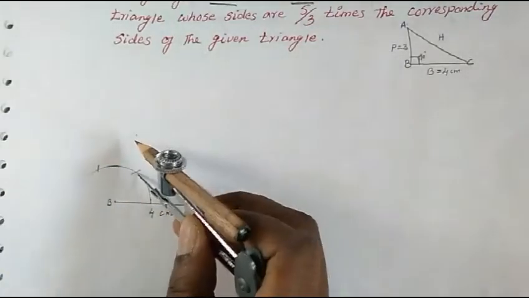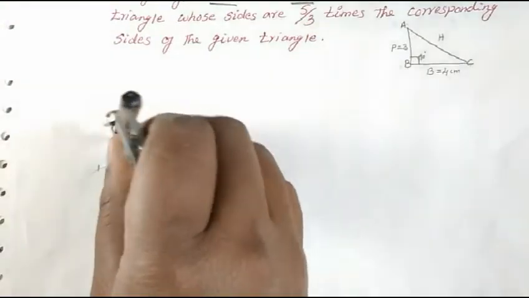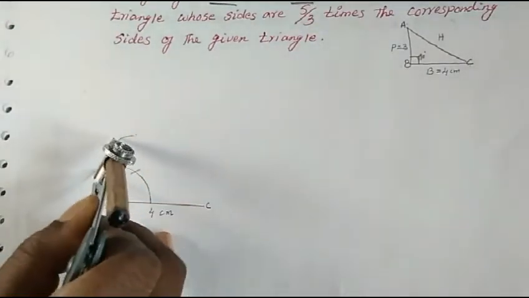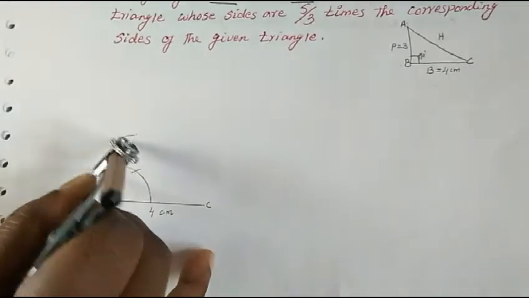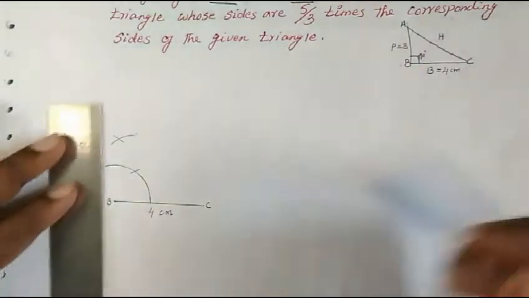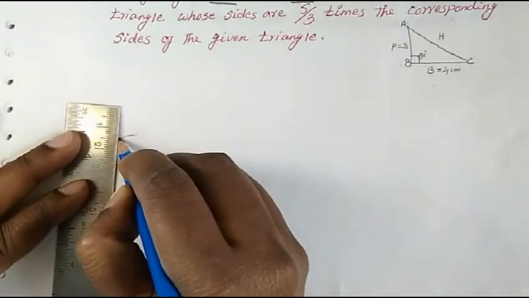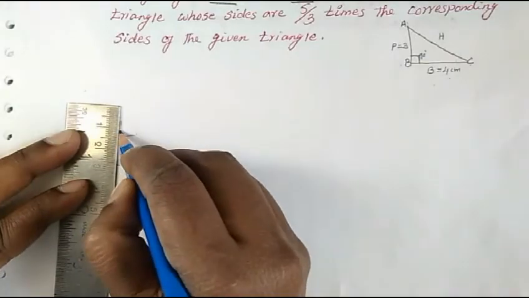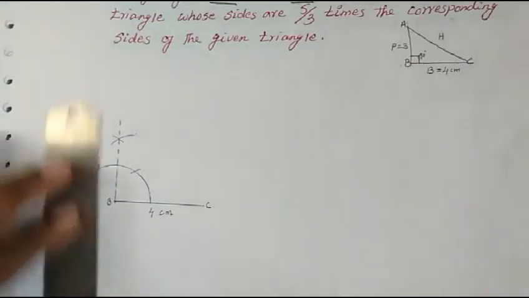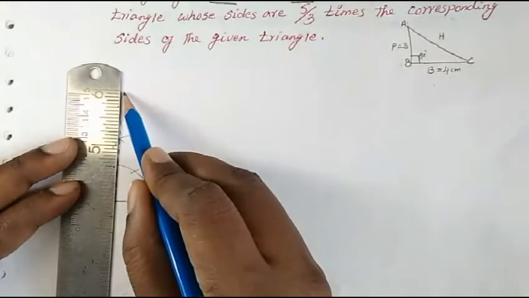So keep here on the 60 point and keep here. Okay, this becomes our 90 degree. So let me draw a line because we need a line.